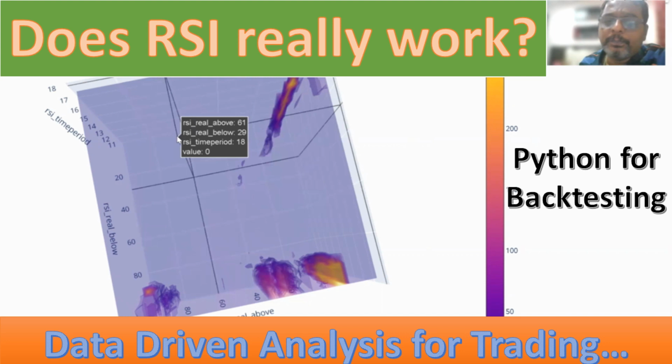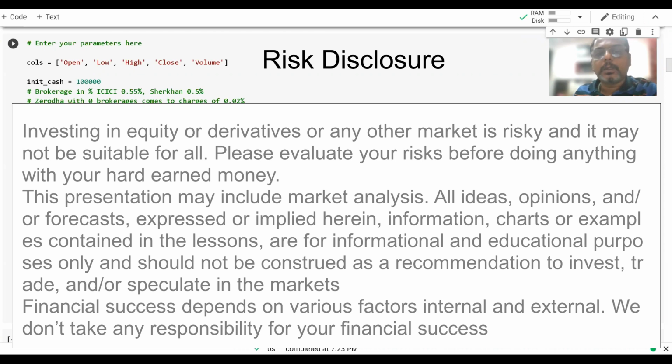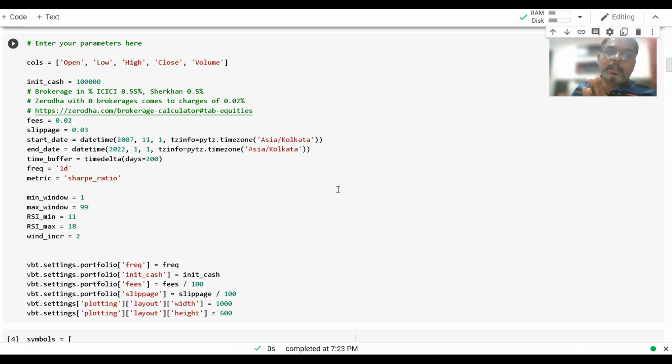Welcome everyone. Today I'm going to be talking about something called hyperparameters. In some of my open classes that I've started taking, I have discussed how you could use data analysis to quickly see what in technical analysis works and what does not work, what combinations work, and how they can effectively work.